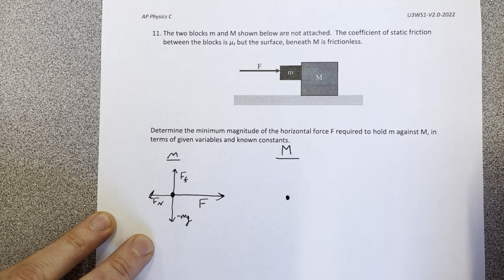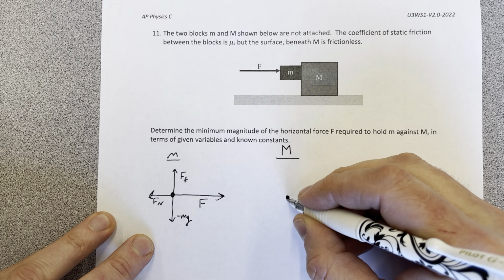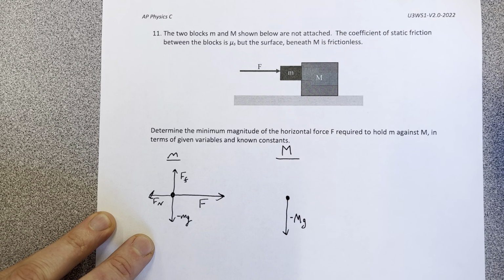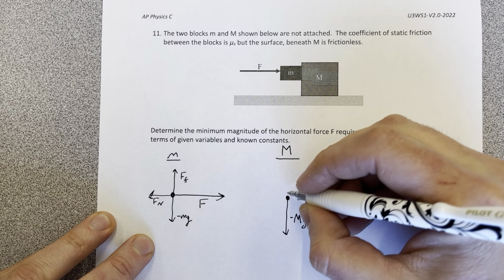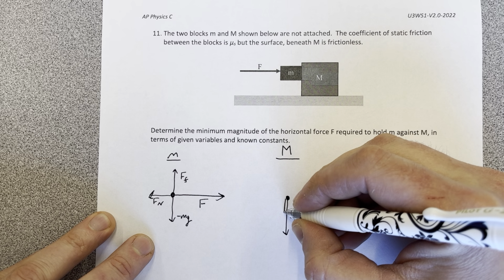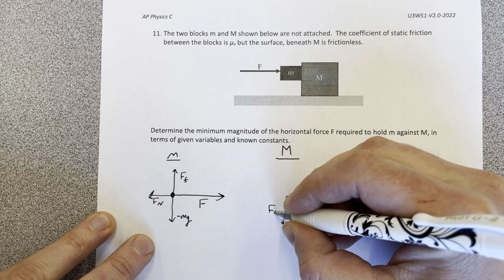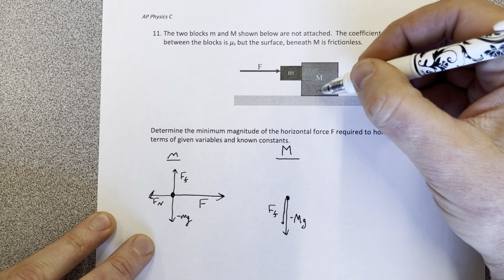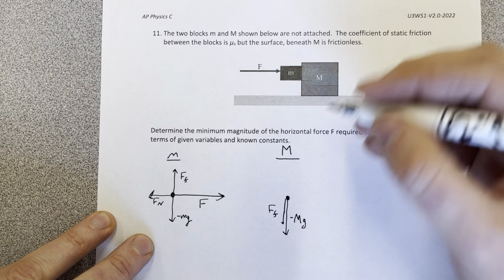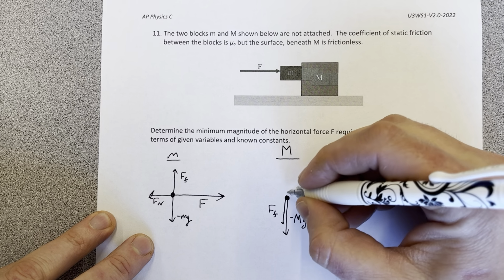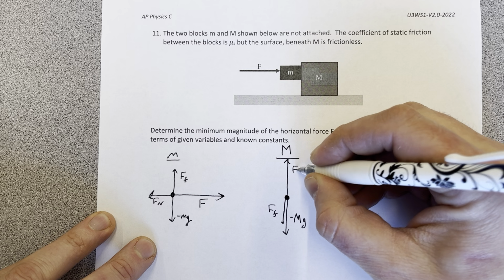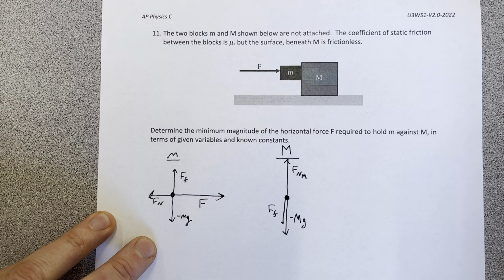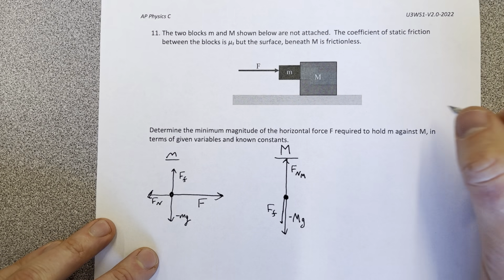So then we got big M. All right, so big M has its mg, a little bit bigger, right? It's mg, negative mg is going down. It's also got pushing down on it the same force of friction. That force of friction that holds this up pushes down block M, right? It makes M seem heavier. So then there's Fn on big M, I'll call it Fn2, I guess.